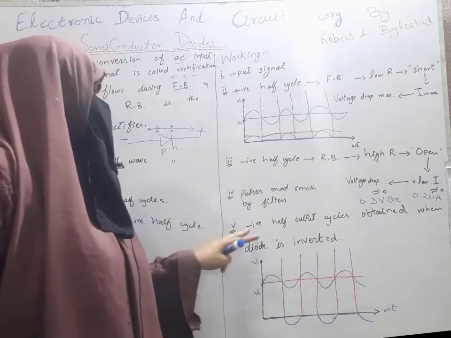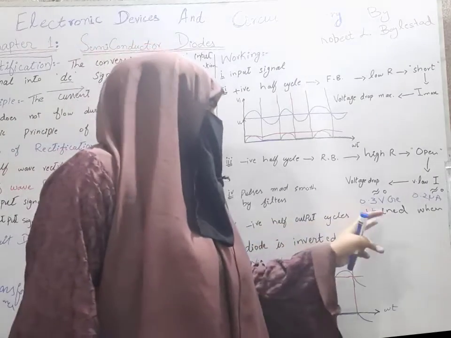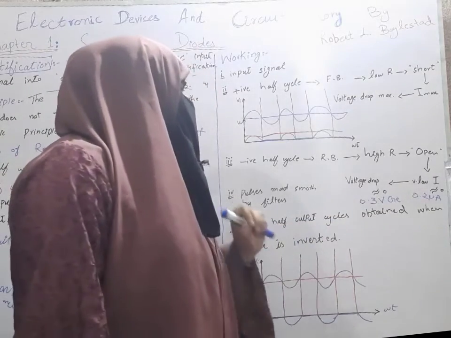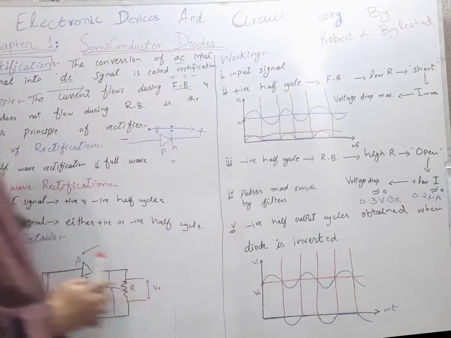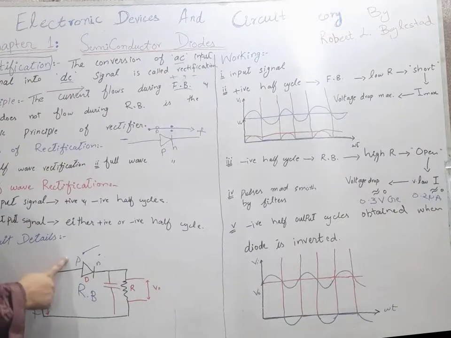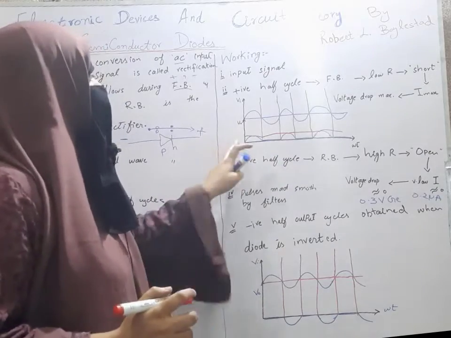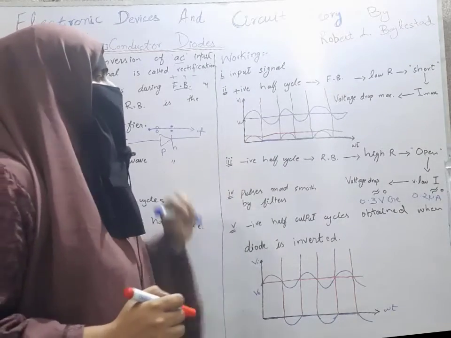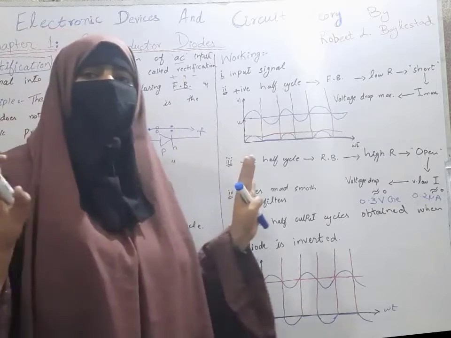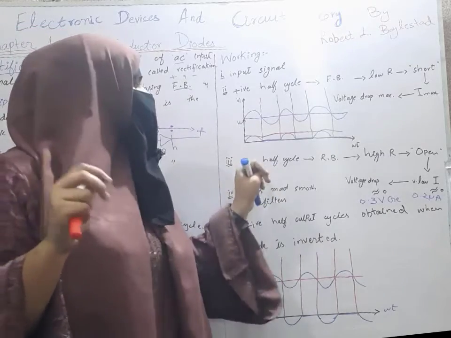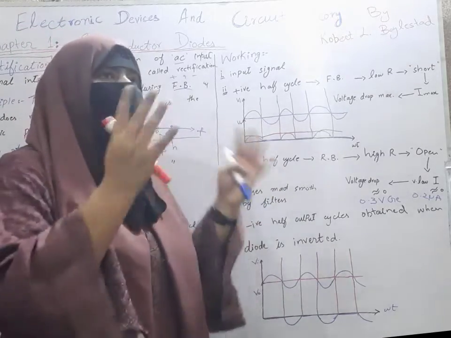Number 5, negative half output cycles obtained when diode is inverted. Suppose when the diode direction is P here and N here, then we have such a diagram. For the positive half cycle and for the negative half cycle, we will have no cycles.